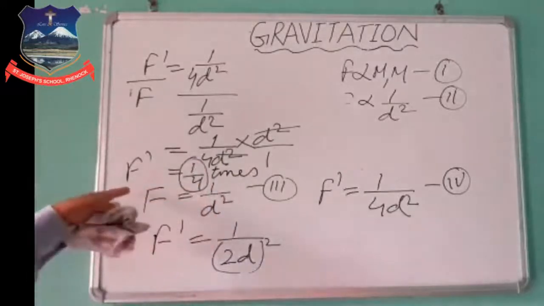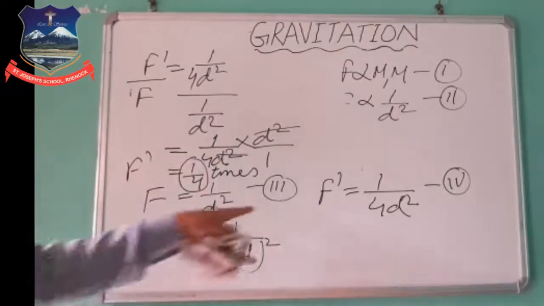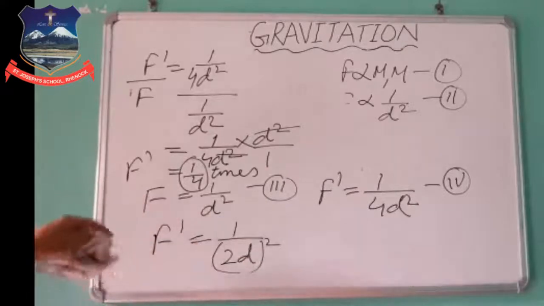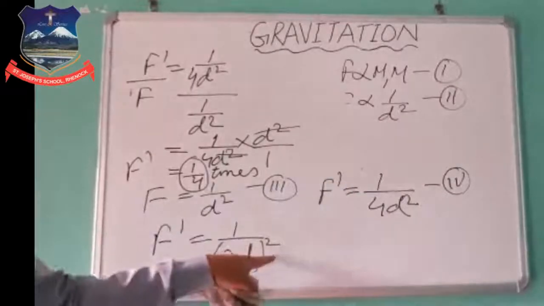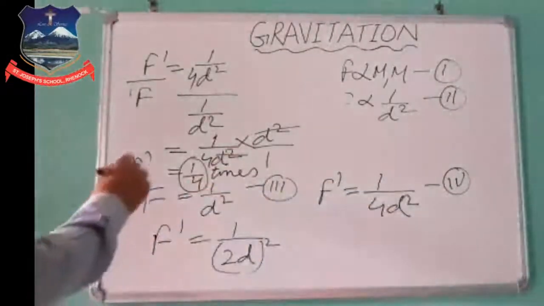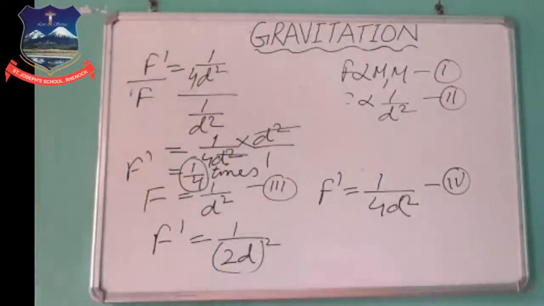Since we have considered F equals 1 upon d square as equation 3, then F dash equals 1 upon 2d whole square, which is 1 upon 4 d square, and dividing you get the gravitational force as 1 by 4 times. That means if the distance gets doubled, the force of attraction will become 1 by 4 times.